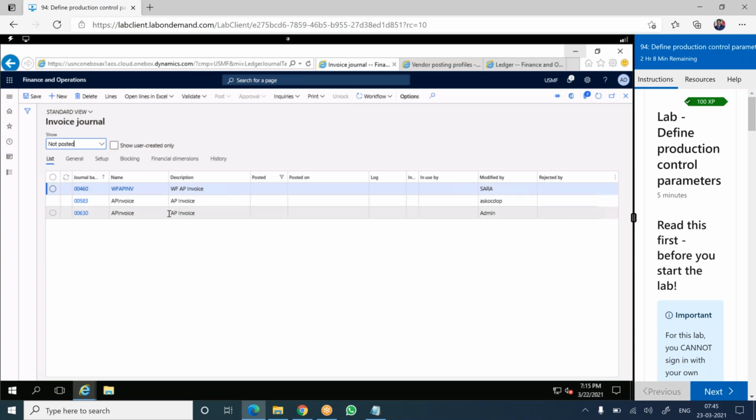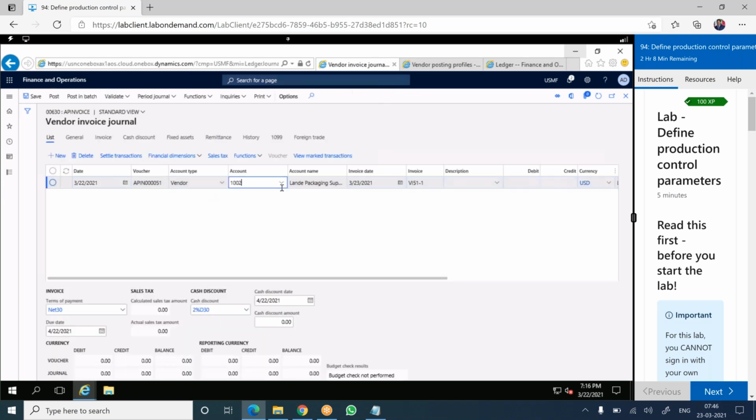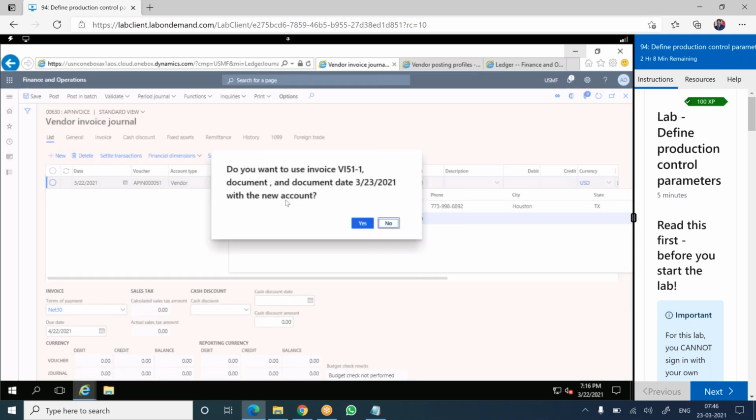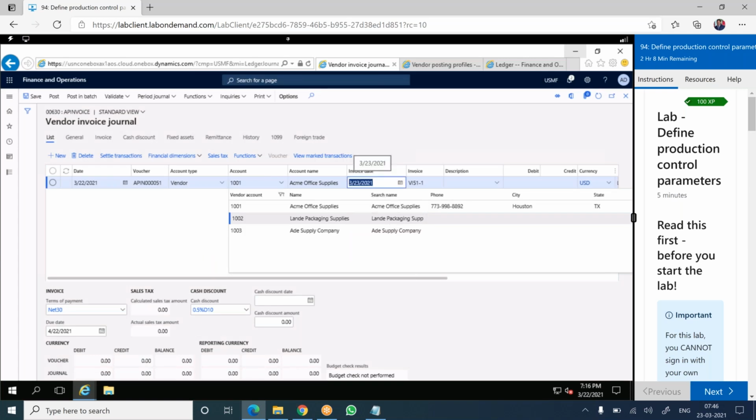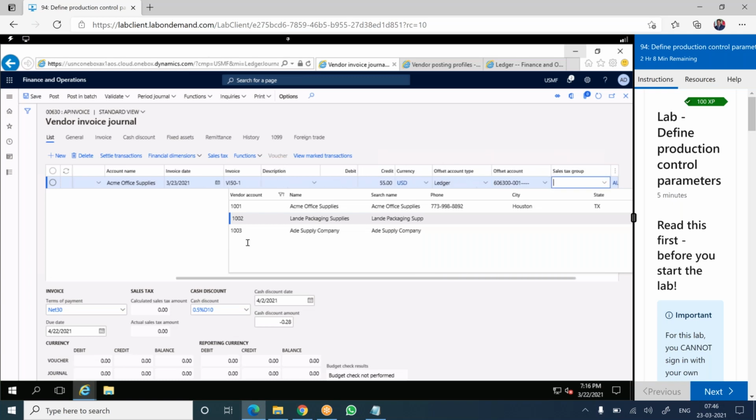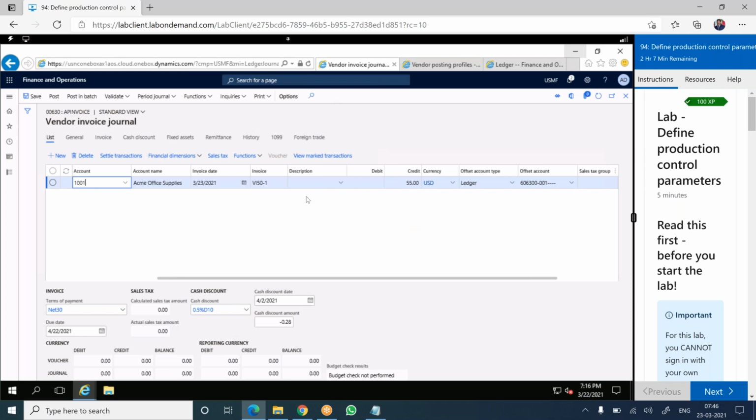I will choose vendor account 1001. Now click OK. Now I'm trying to enter the same number, whatever I have entered. Okay, now it is $55 something.